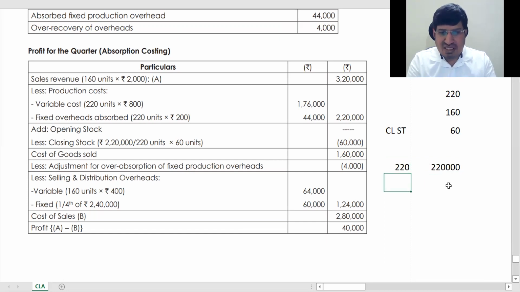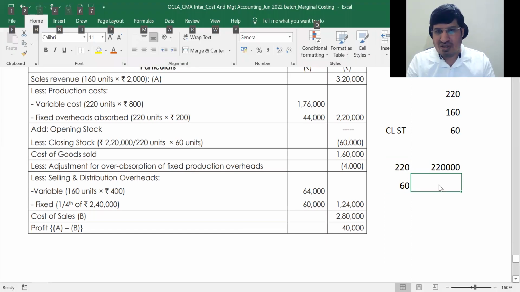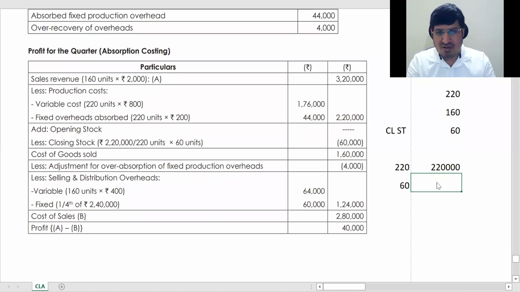Okay, so for 60 units, what is the cost? How will you find this out? You do cross multiplication: 60 into 2,20,000 upon 220.